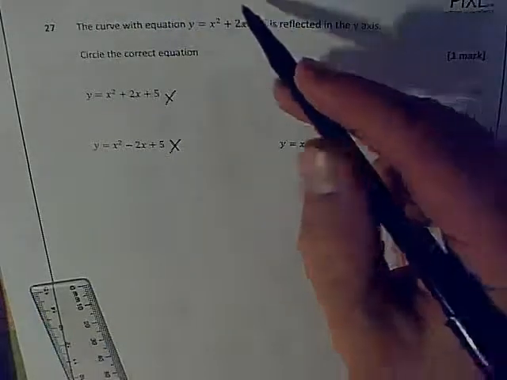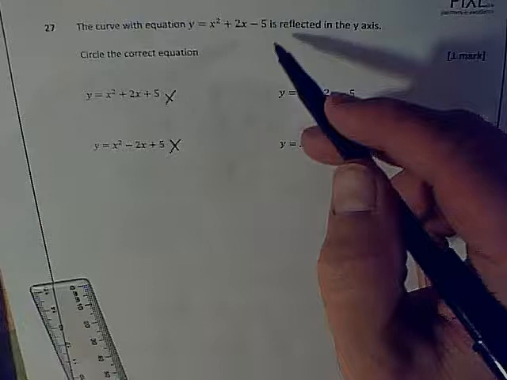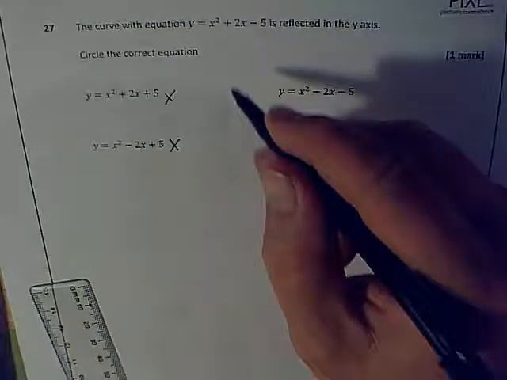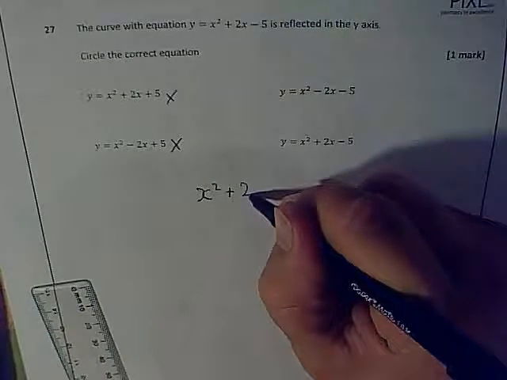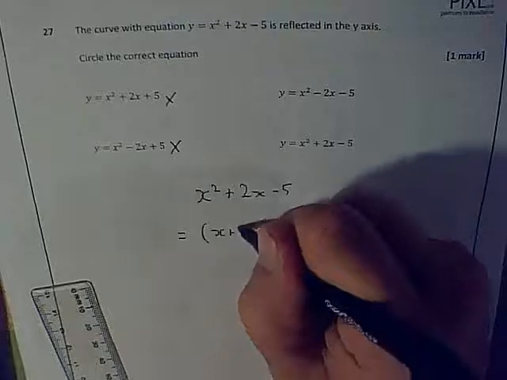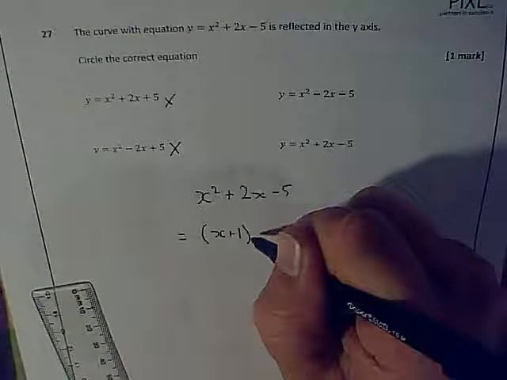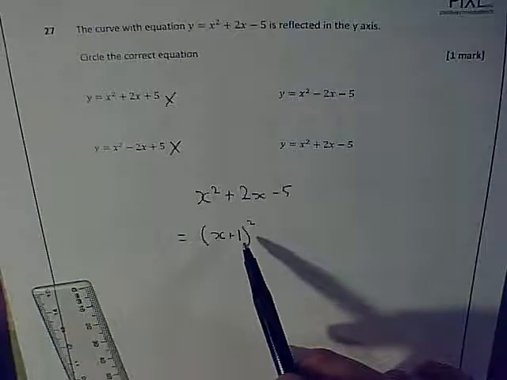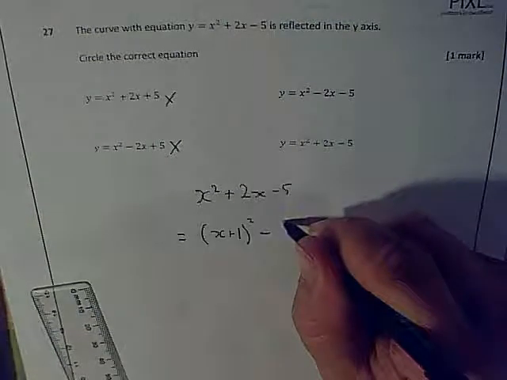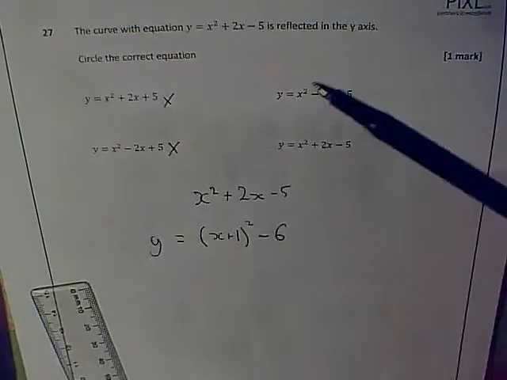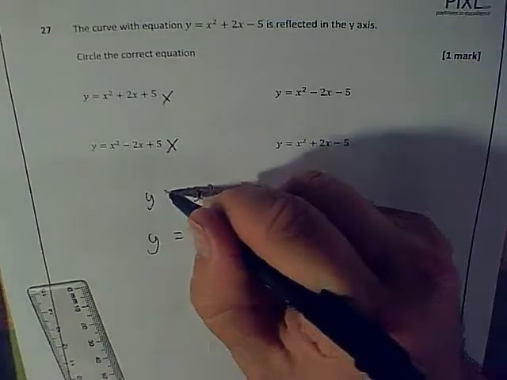So x squared plus 2x minus 5 is the same as x plus 1 squared. That gives me x squared plus 2x plus 1, but I would need to take away 6. So those are the same. These are the same equations.